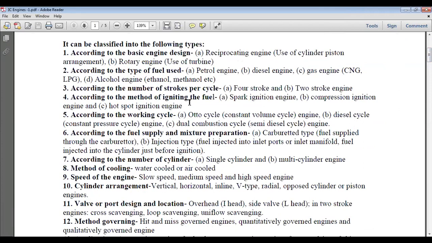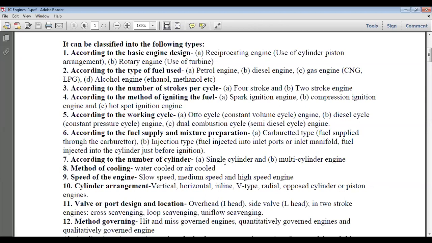The method of ignition: spark ignition engine, compression ignition engine, or hotspot engine. According to the working cycle: Otto cycle, diesel cycle, dual combustion cycle. According to fuel supply and mixture preparation: carbureted type or injection type.